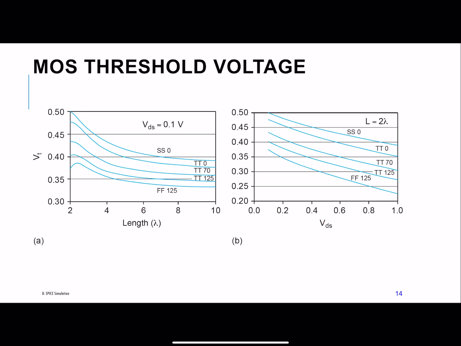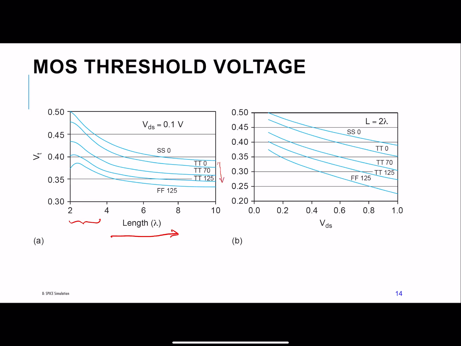Okay, so let's see, what is this thing saying? I think this is showing that we could simulate the effects of different length devices. As the length goes up, I think we talked about this a little bit, the threshold voltage goes down because we have some issues down here, and also as the temperature goes up, the threshold goes down.